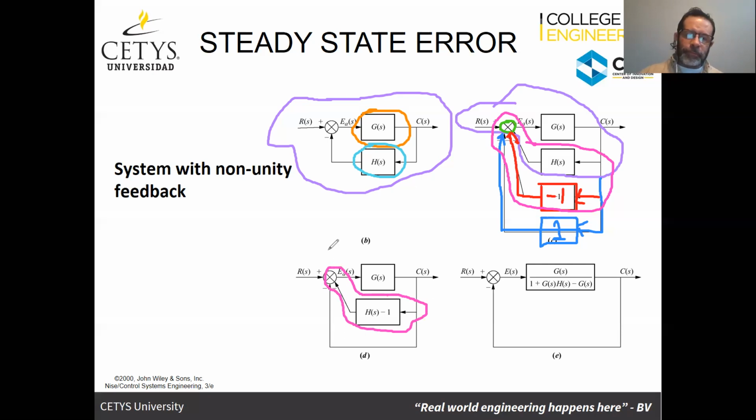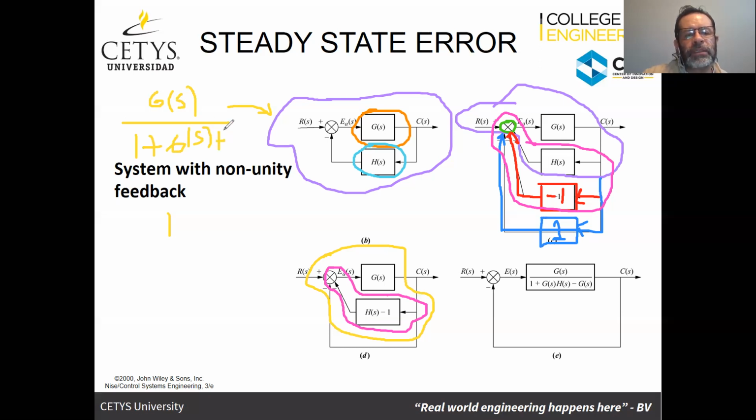And lastly, these two blocks that I have here, let me use a yellow, are the typical feedback loop. Remembering that when I have a feedback loop like this one, the transfer function is going to be g of s divided by 1 plus g of s h of s.